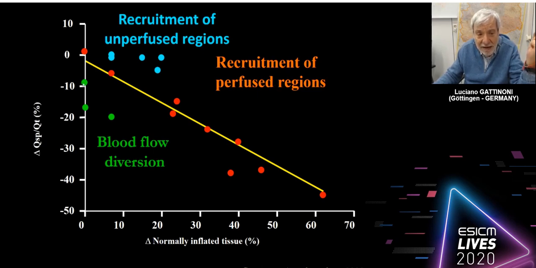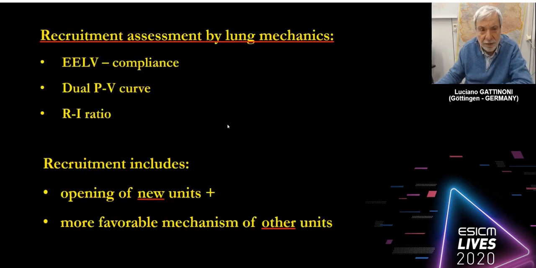Then we have some patients in which we decrease the shunt, but the recruitment of the pulmonary units does not happen. And these are blood flow diversions, where the change in tissue corresponds to a change in shunt. So that means when you look only at the perfusion, be careful with the PO2.